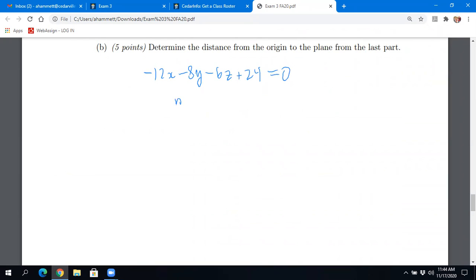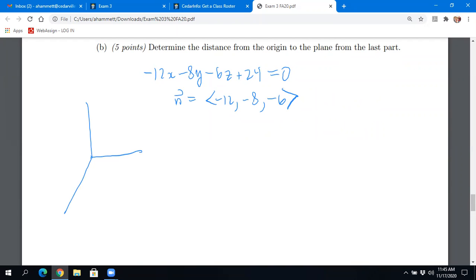So of course our normal vector was (-12, -8, -6). I want the distance from the plane to the origin. The distance from the plane to the origin. Okay, so first of all, let me redraw this thing.